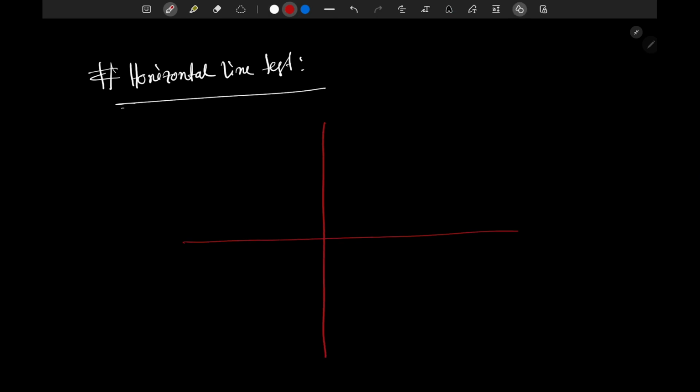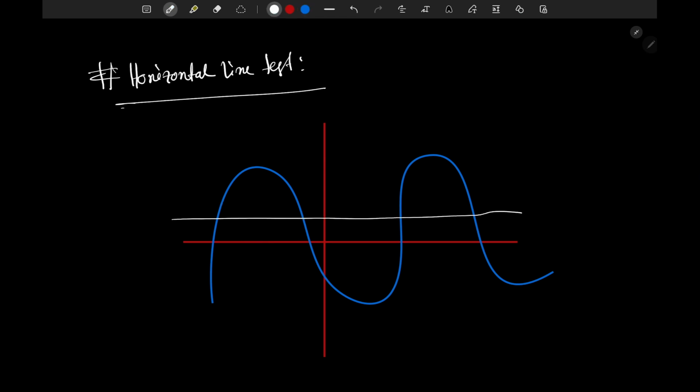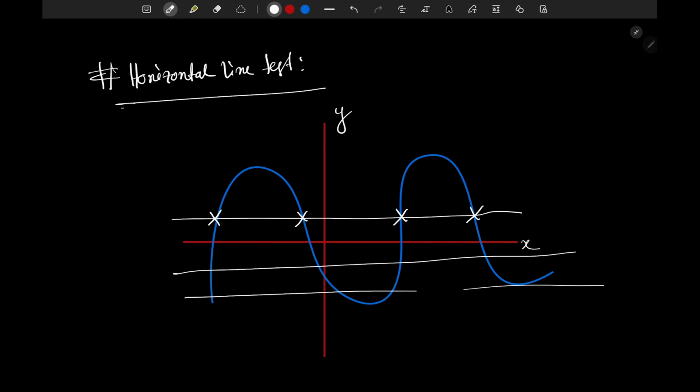You have your axis, you have some plots like this, let's say, and then what you do is that you draw a line or multiple lines parallel to the x-axis and see whether they intersect once or more than once. As you can see, it has intersected more than once. Obviously, you can draw more lines like this, and it will show you the same behavior.